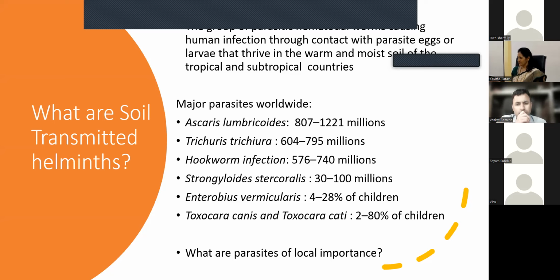But I have seen Strongyloides, Enterobius, and Toxocara canis also as important causes of STH. There are certain local parasites also of importance, like Ancylostoma braziliense, Ancylostoma caninum, and Ancylostoma ceylanicum.